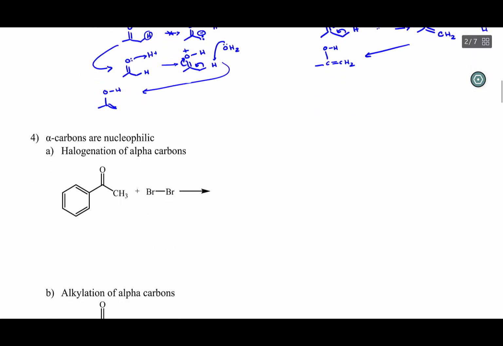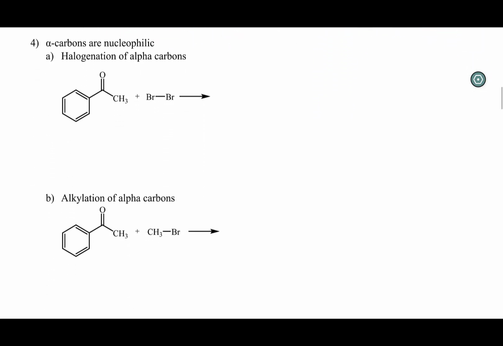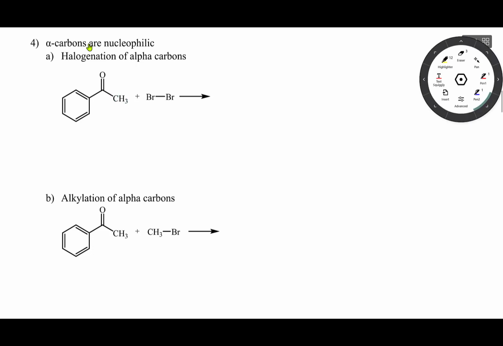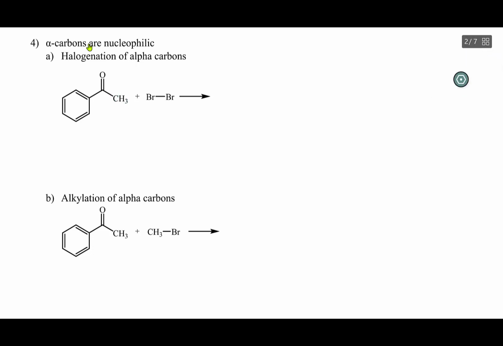So here's an example of where you could use an acid or a base to make a chemical reaction take place. The first reaction we're looking at is called a halogenation reaction. In a halogenation reaction, the alpha carbon is going to be a nucleophilic carbon.